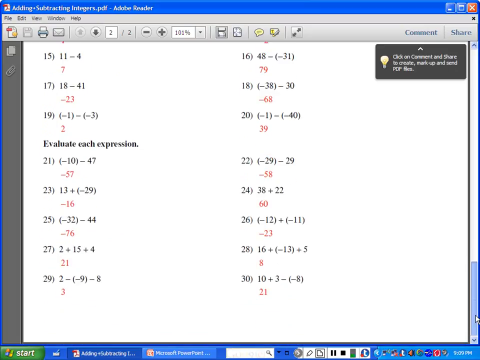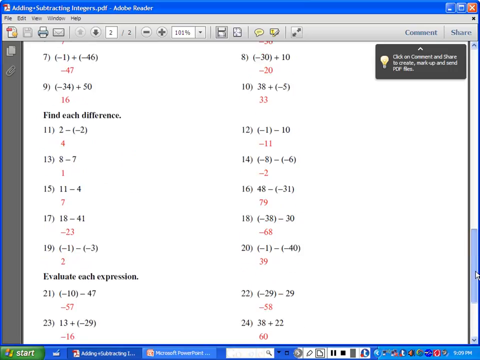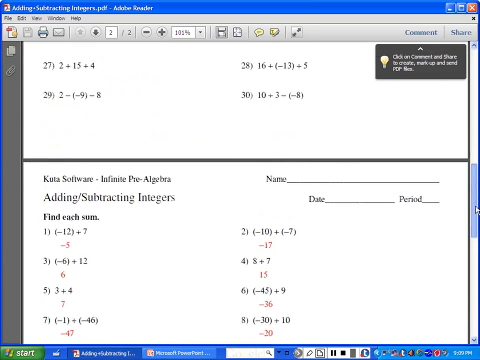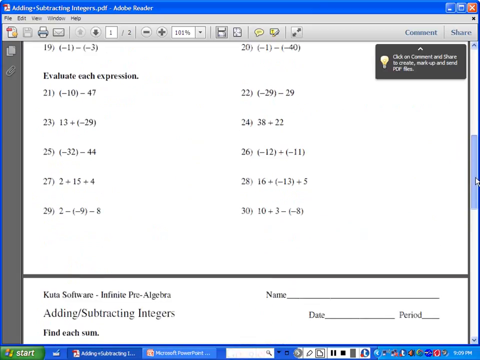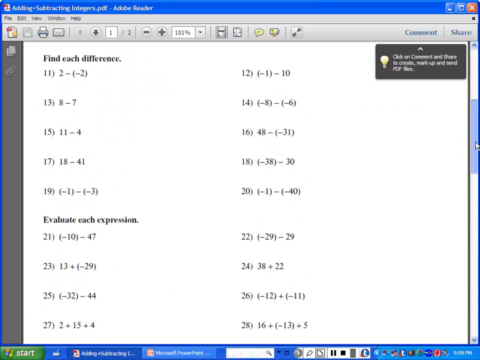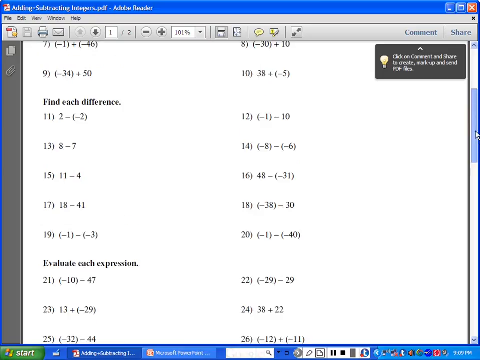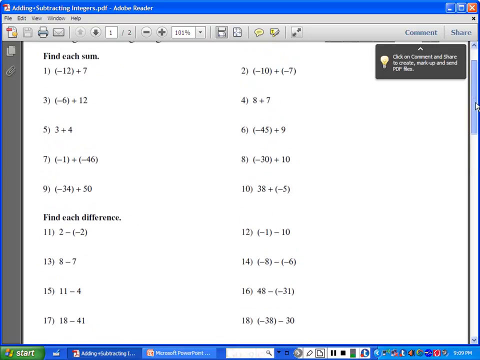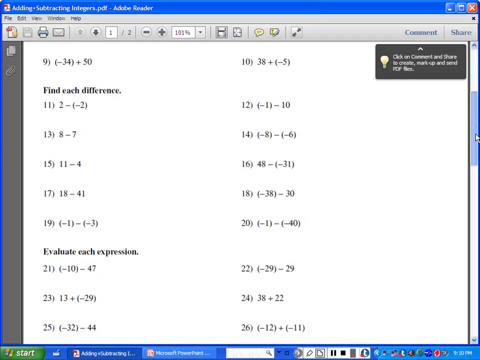So here are the answers. You can pause this. I'm going to scroll back up and give you the worksheet again so you can work on this and check your answers. Okay?